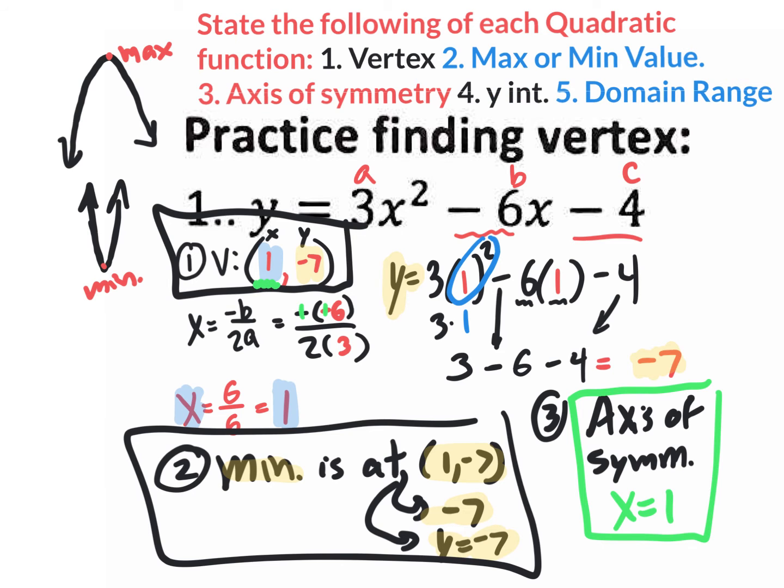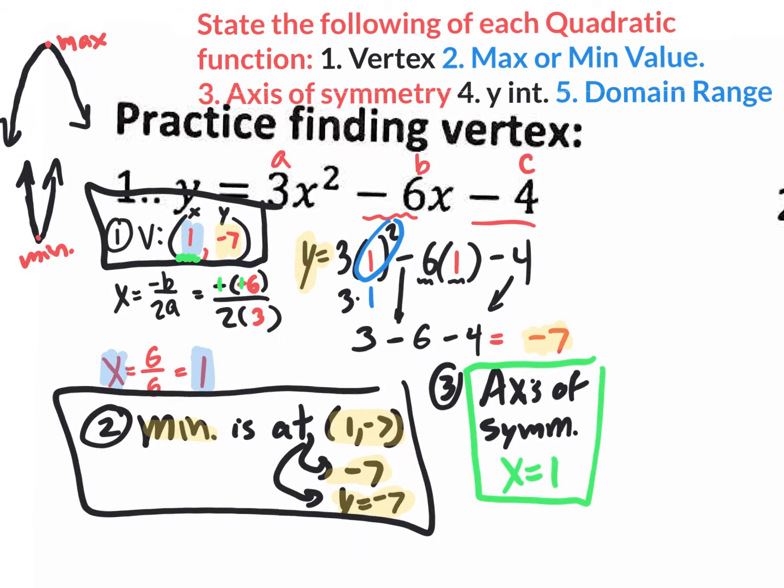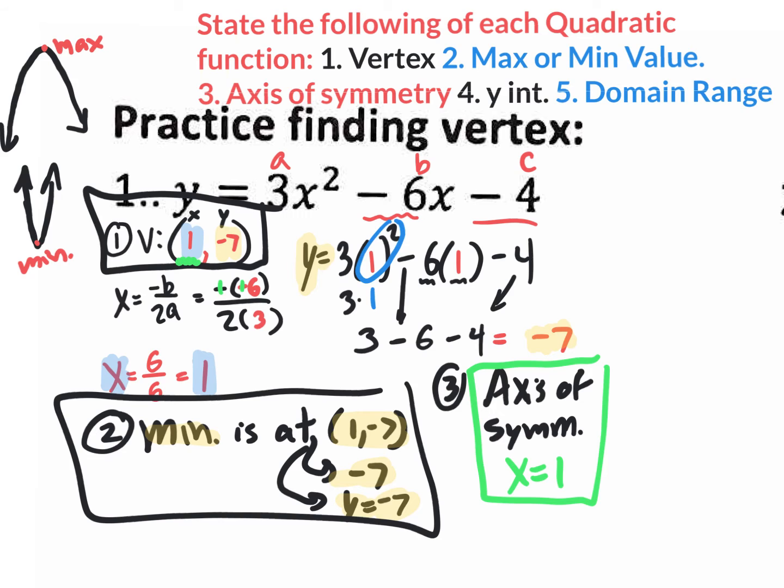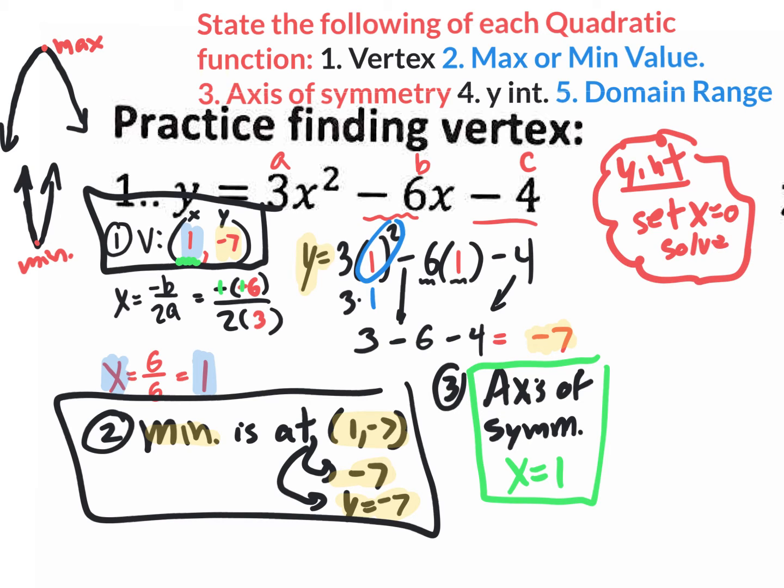The fourth thing that they asked for, the y-intercept. And at the beginning of this lesson, we talked about what we do in algebra to find the y-intercept. We set x equal to 0 and solve. Now that is ridiculously easy because when you put a 0 here and here, then 0 squared is 0, 0 times 3 is 0, 6 times 0 is 0, 0 take away 0.